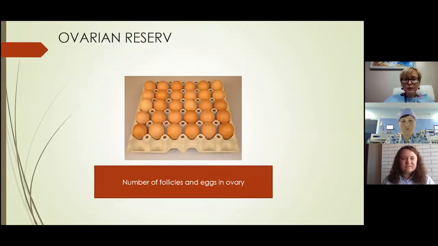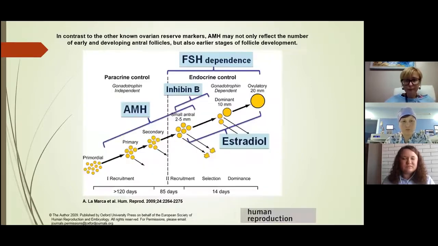So what is ovarian reserve? This is the number of follicles and eggs in the ovary in some period of time. To check this ovarian reserve, normally we use the molecules which in normal life regulate the growth and maturation of follicles.